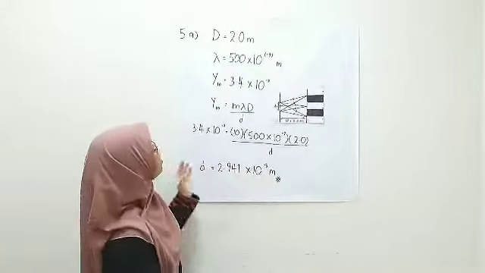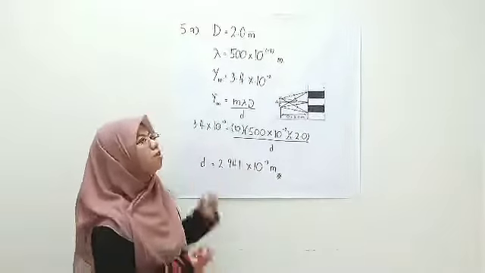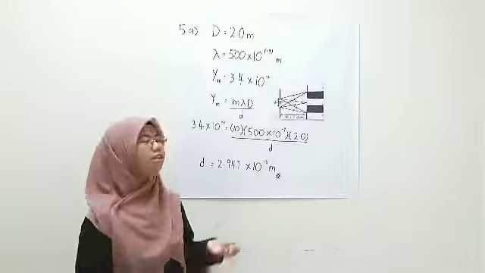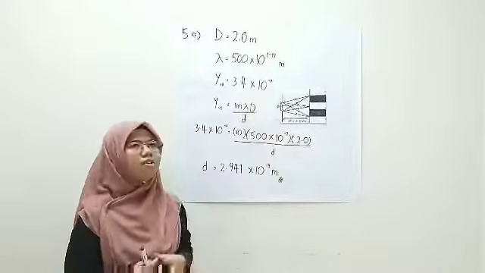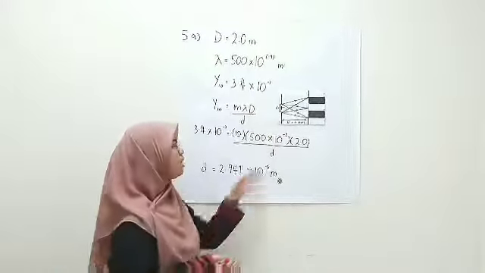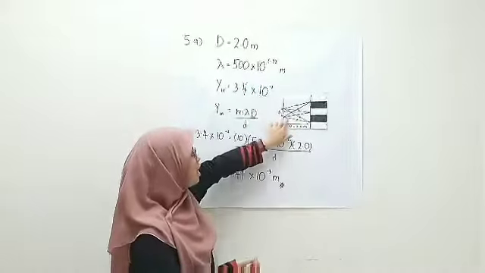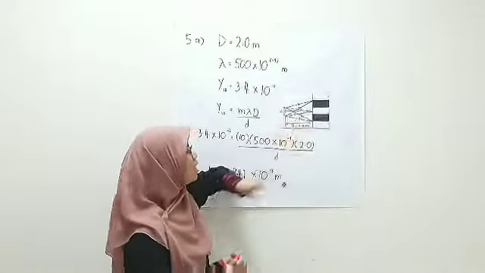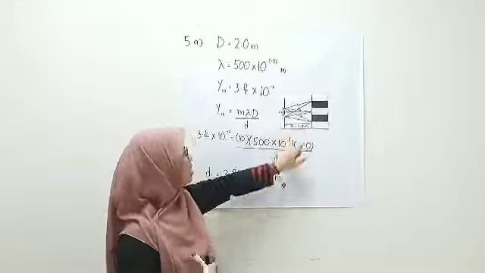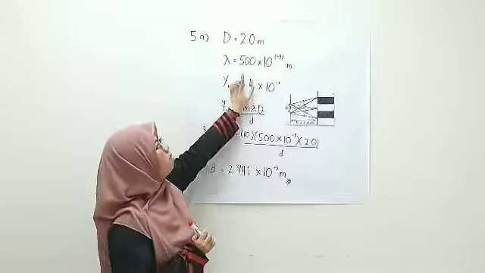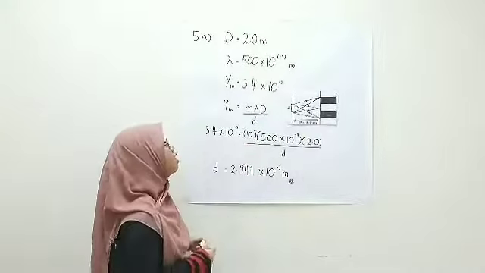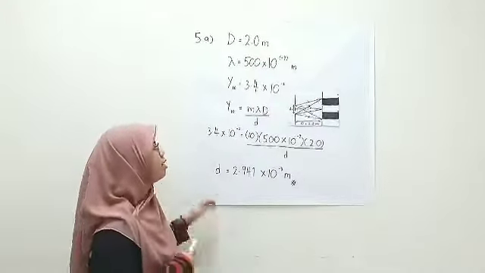First, from the question, we can get some information, which is capital D is 2 meters. We know that capital D is the distance between the slit and the screen, so we can write it here. Next, lambda is equal to 500 multiplied by 10 to the power of negative 9.